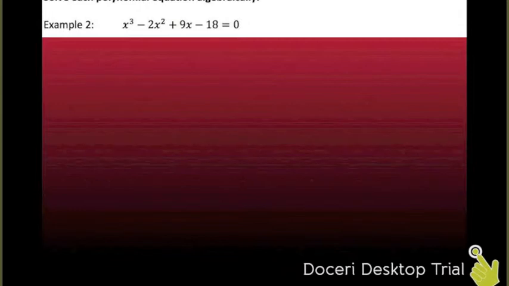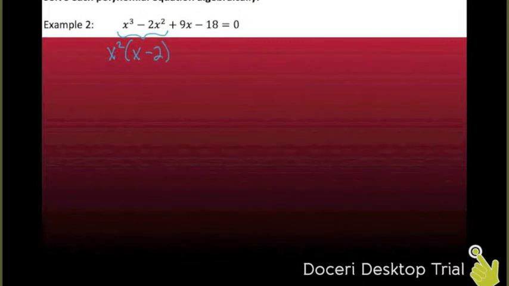So you have to think all the way back to chapter 1 now. If we want to solve this polynomial algebraically, we need to factor it, just like everything else. When you factor, you want to do this by parts. For this first set here, you can take out an x squared, and you'll be left with x minus 2.